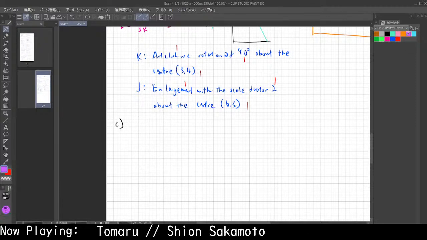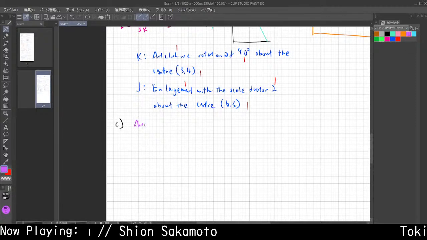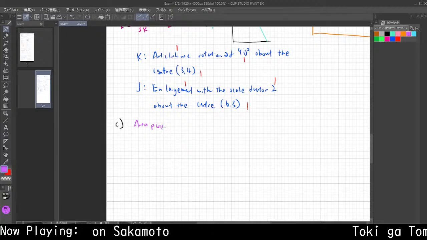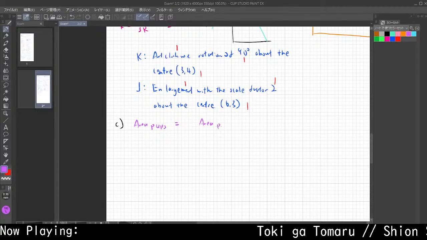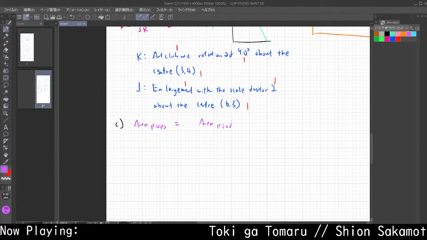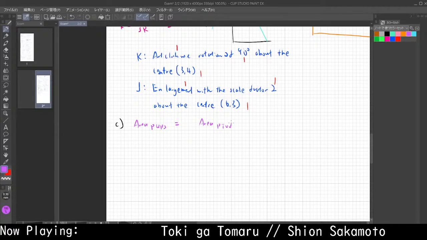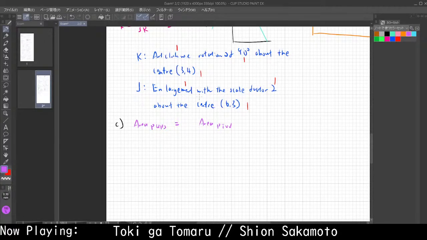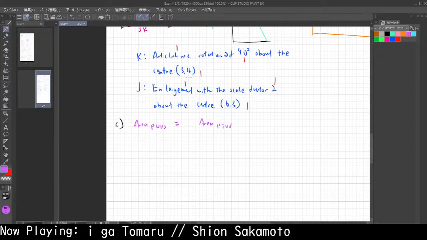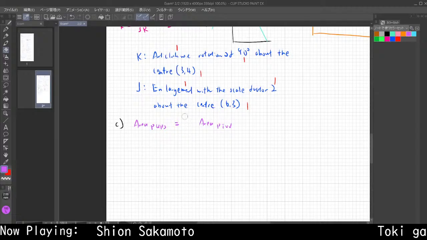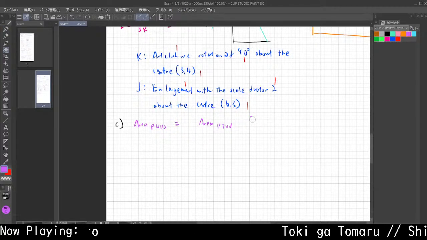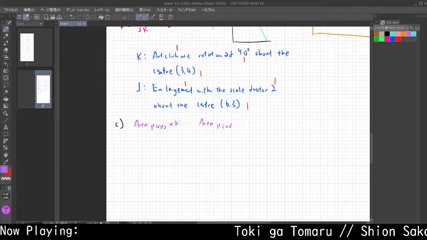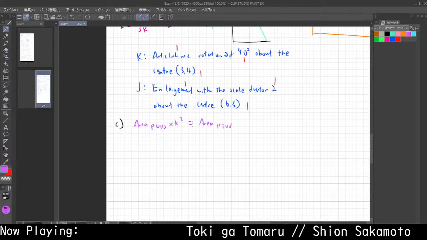If I talk about the area of PQRS and the area of PTUV, the area of your object and the area of your image, it is actually multiplied not by k, but by k squared. PQRS multiplied by k squared equals PTUV because you enlarge.